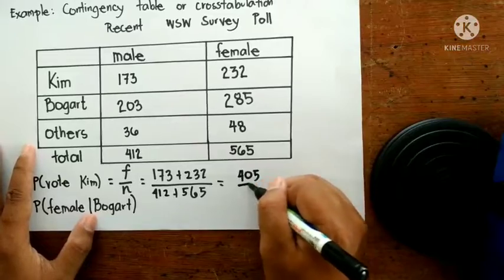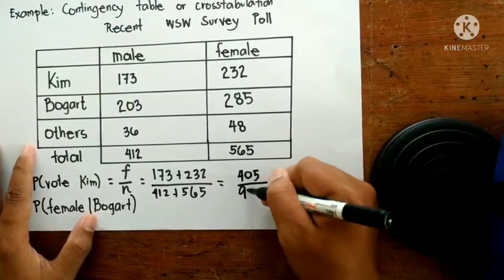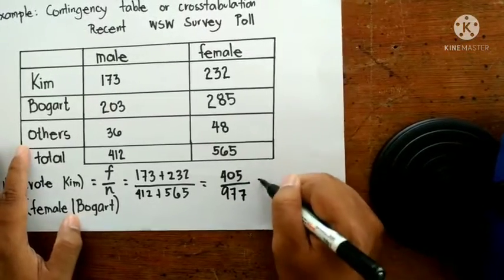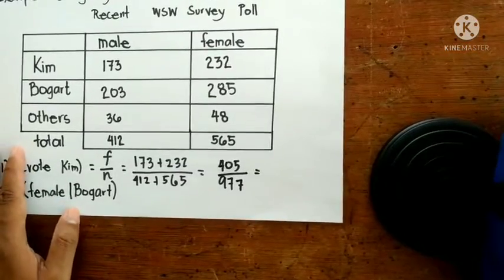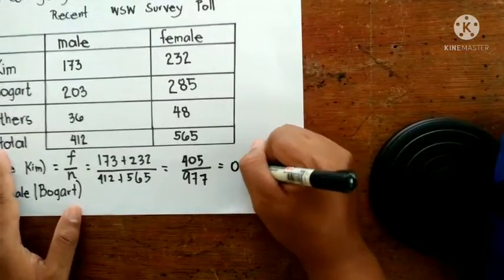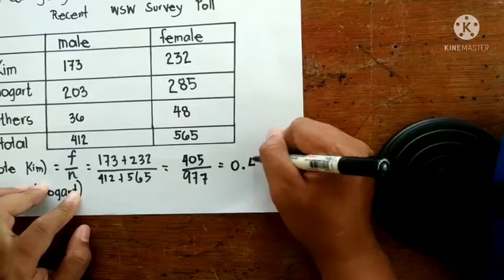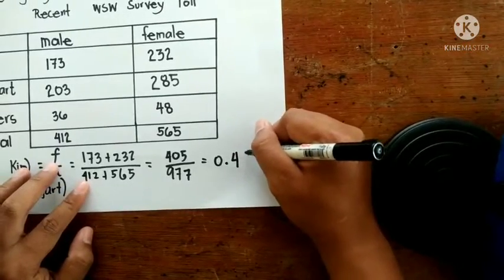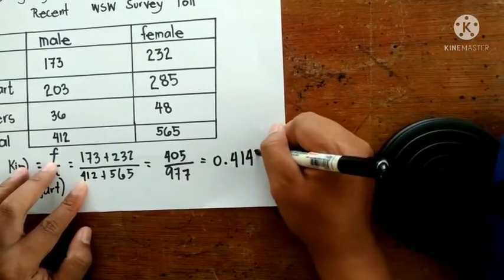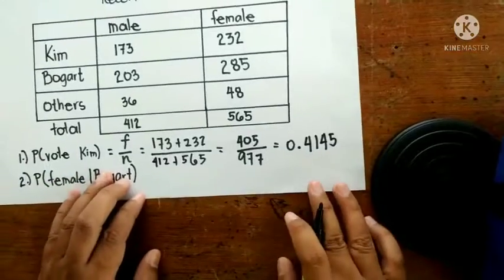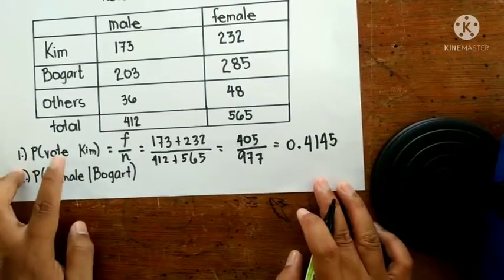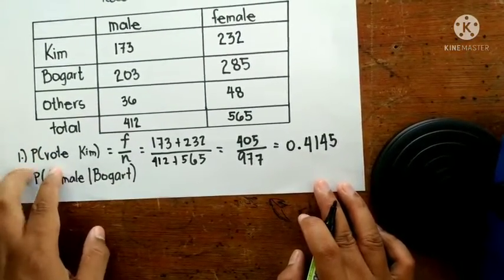That will be 405 over 977. But we are going to use decimal places for the probability, so let's have 0.4145. That is the likelihood of a vote for Kim.